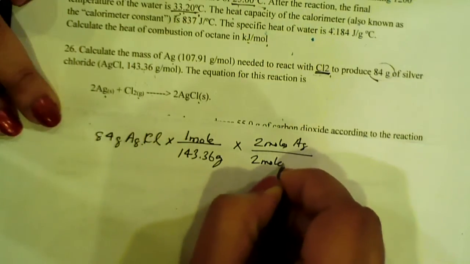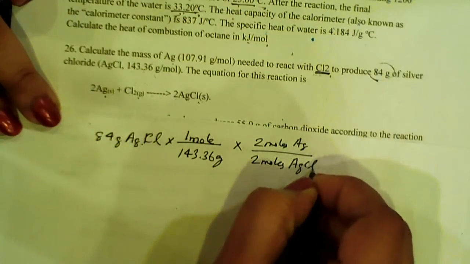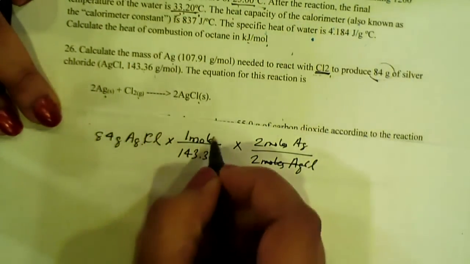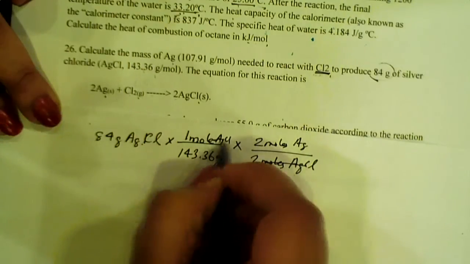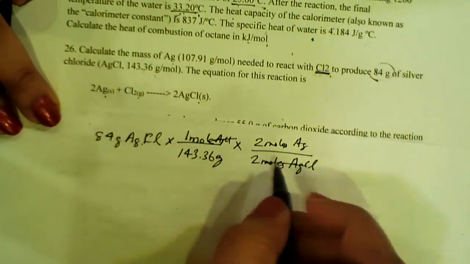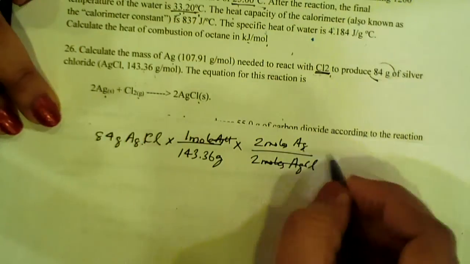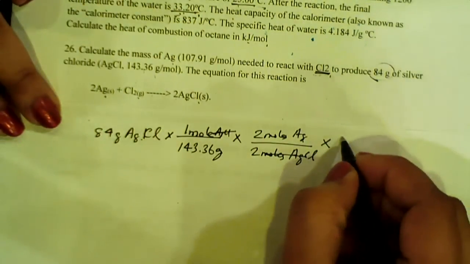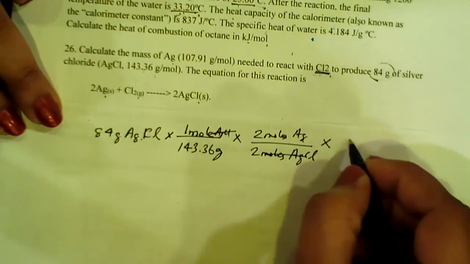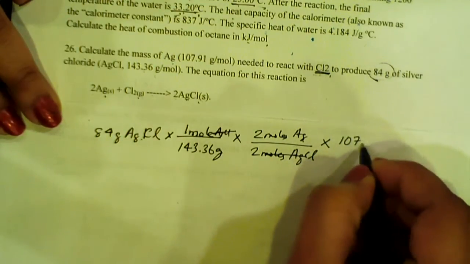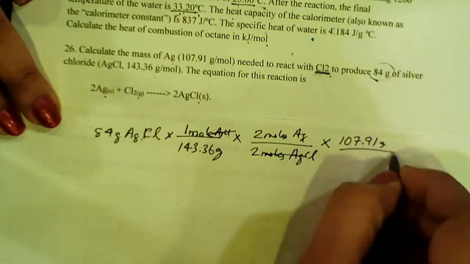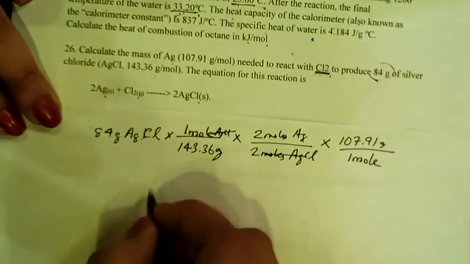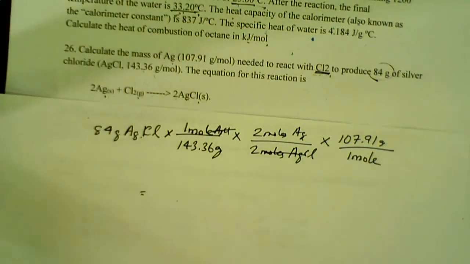So 84 grams silver chloride is the same as 1 mole over 143.36 grams. And then to go from moles of silver chloride to moles of silver, use the coefficients, which is 2 moles of silver over 2 moles of AgCl.